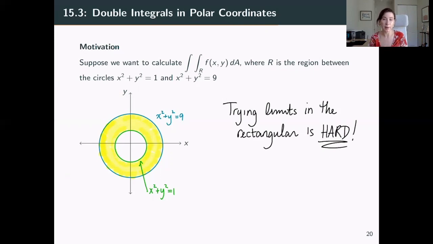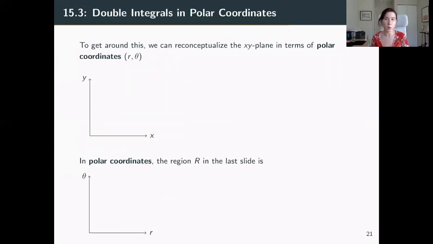And as such, we're going to come up with a method to switch this region from rectangular coordinates x comma y to what are known as polar coordinates. Some of you saw polar coordinates in Math 111, but I know that a lot of people didn't. So I'm going to spend a little bit of time here going through polar coordinates to get us used to working in this system. The idea in polar coordinates is that if I choose a point P equal to x comma y, yes, this point P is determined by the value x and the value y on the x and y axes, respectively.